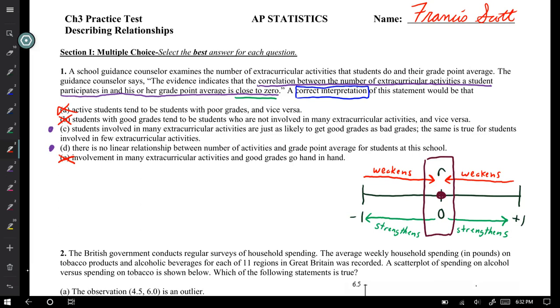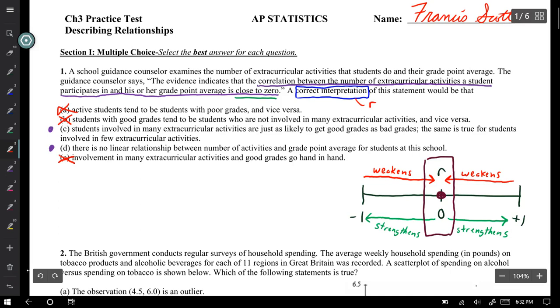If I want to figure out which one's the best answer, if I'm asked to interpret my R value, our R values are used to determine not only whether it's a positive or negative correlation, but what type of linear correlation we have, a positive linear or negative linear. I'm leaning towards D. C sounds too much like, students involved in many extracurricular activities are just as likely to get good as bad grades.